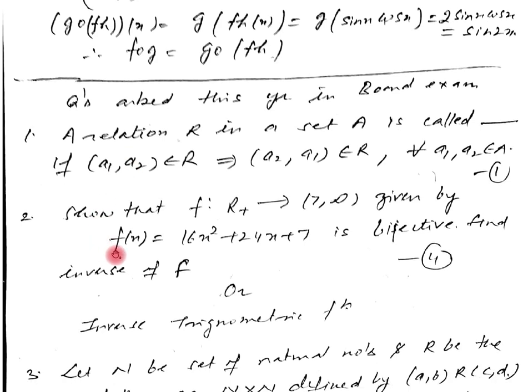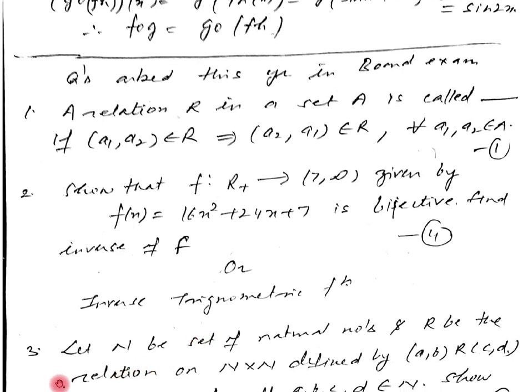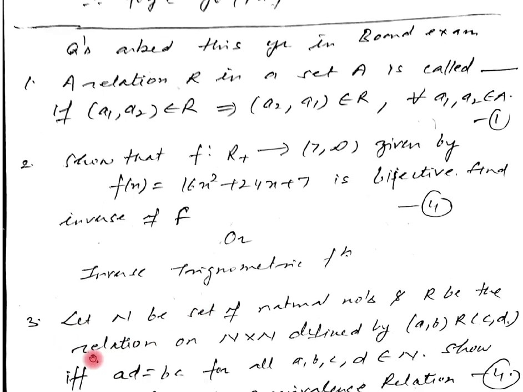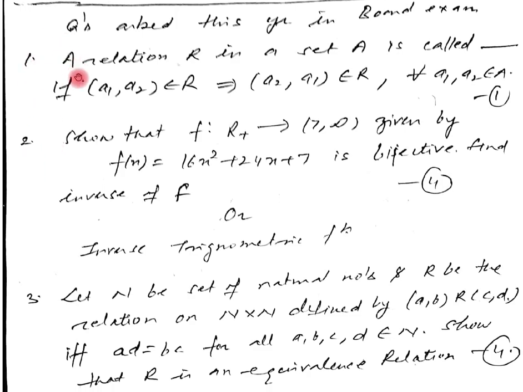Another question is of 4 marks, on the inverse of a function, and this question comes with a choice from inverse trigonometric functions. And the third question asked in this year's paper is on a relation on the set of natural numbers, where we have to prove that it is an equivalence relation. So the total distribution of marks this year in the paper is 4 plus 4, 8, plus 1, 9 marks.